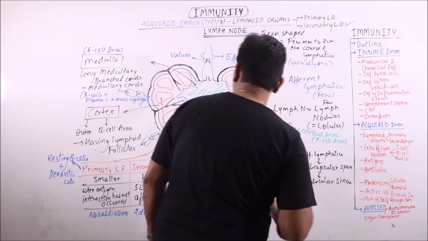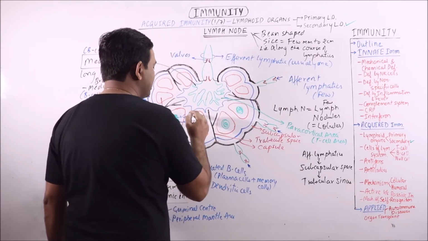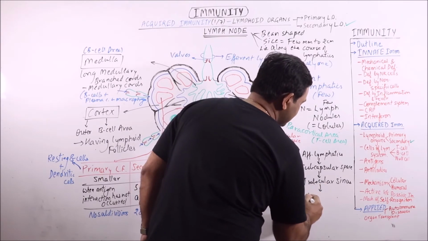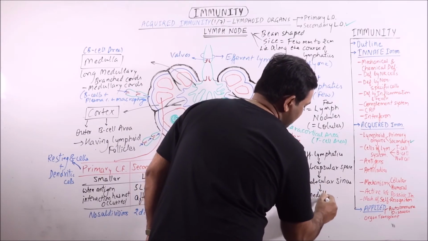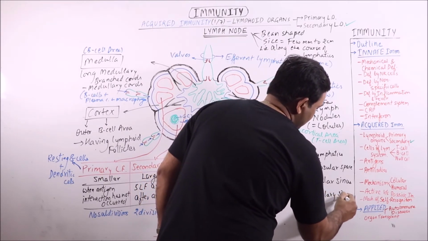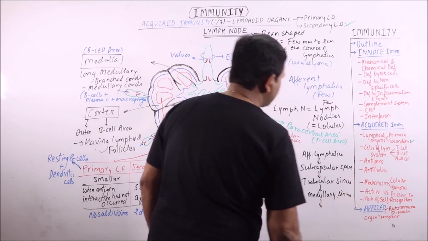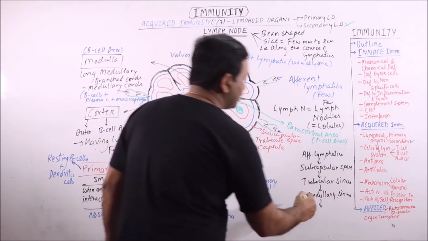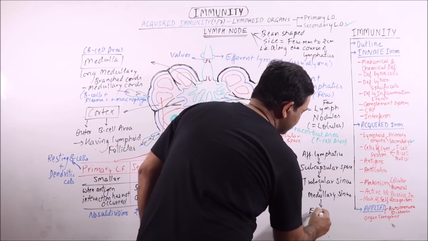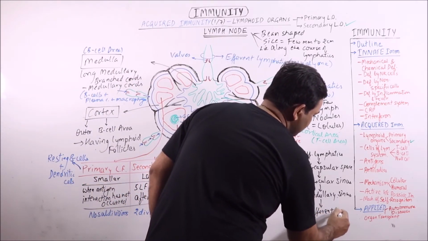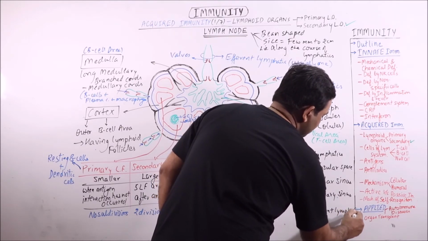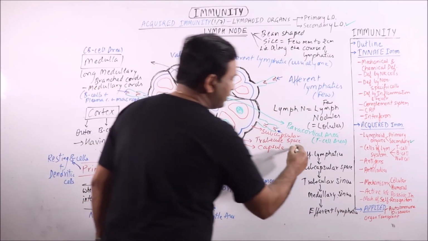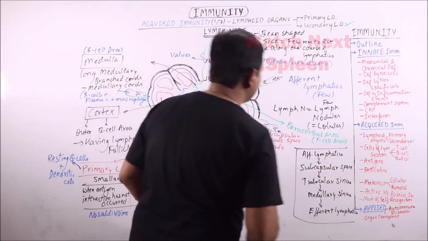Trabecular sinus continues through the cortical and paracortical area. Finally, that will lead to the medullary sinus. And this medullary sinus will finally pour the lymph into the efferent lymphatics. So this is the flow of lymph in a lymph node.